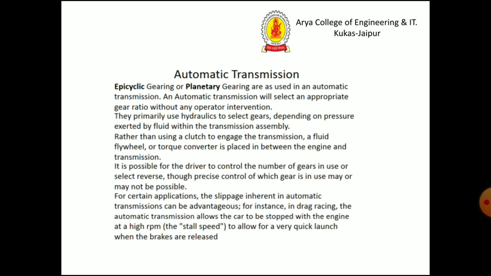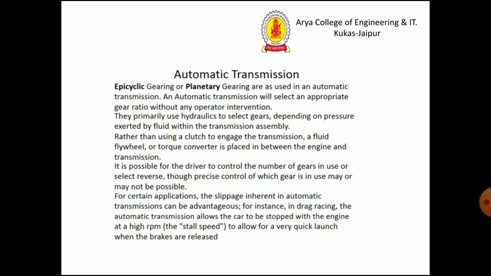Rather than using a clutch to engage the transmission, a fluid flywheel or torque converter is placed between the engine and the transmission. It is possible for the driver to control the number of gears in use or select reverse, though precise control of which gear is in use may or may not be possible.